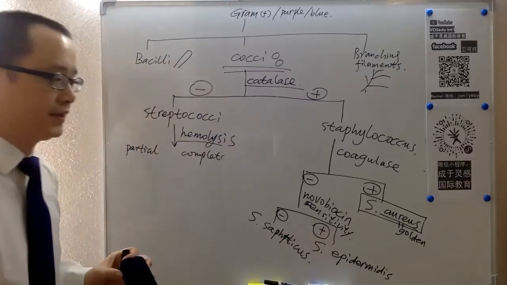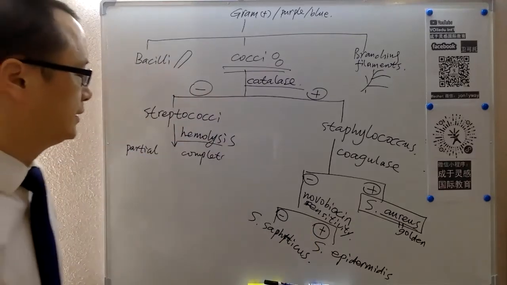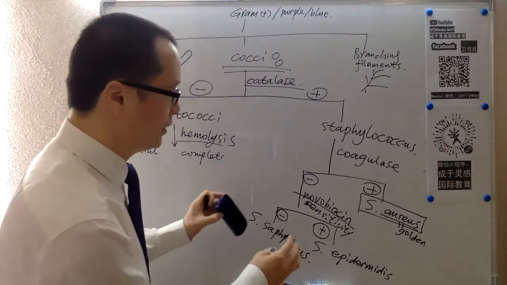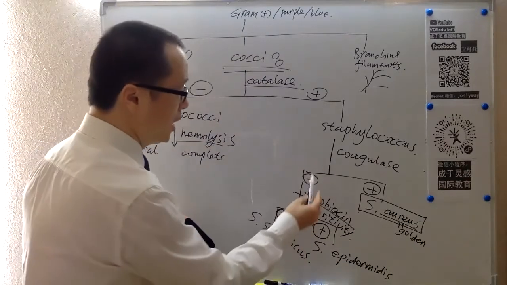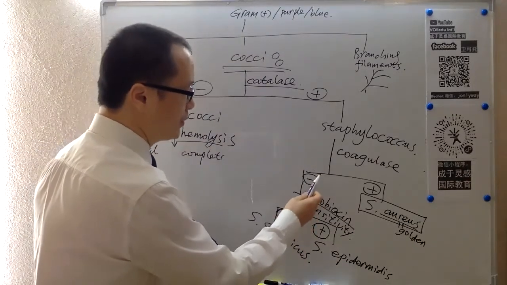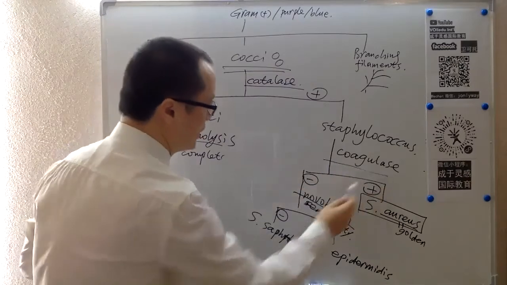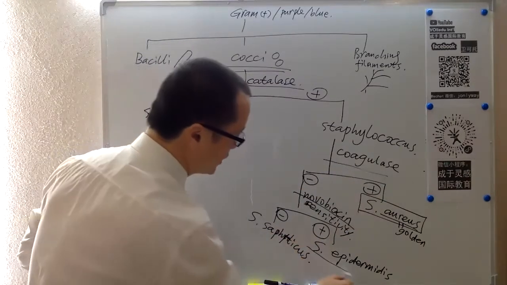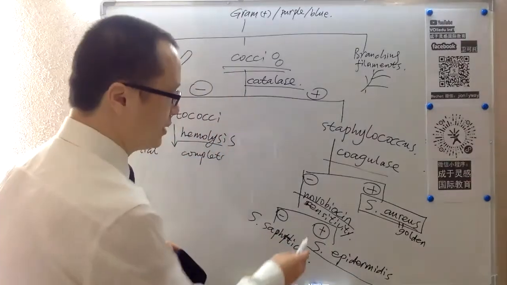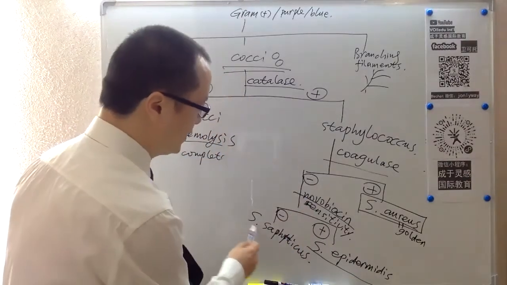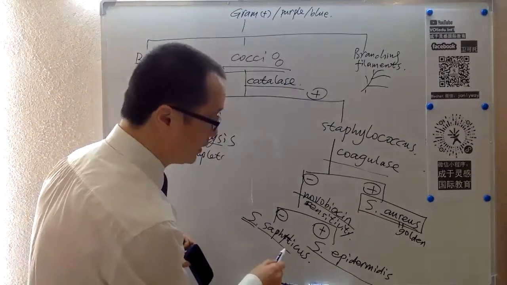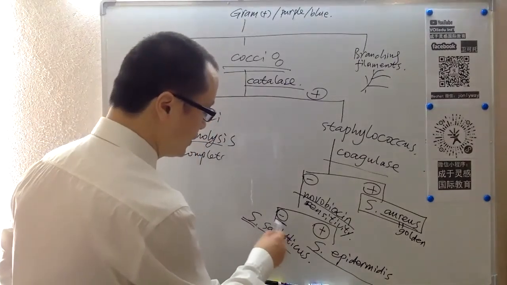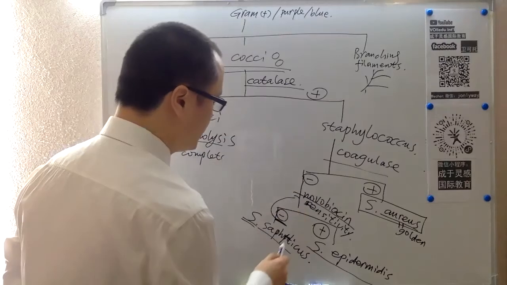So novobiocin can further divide the bacteria which are not sensitive to coagulase. Staphylococcus epidermidis is sensitive to novobiocin, but Staphylococcus saprophyticus is not sensitive.